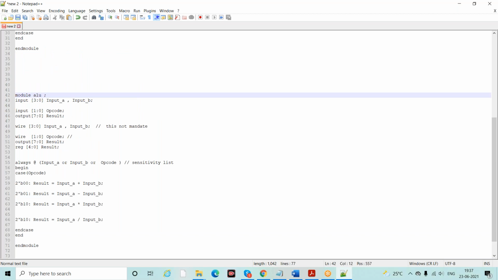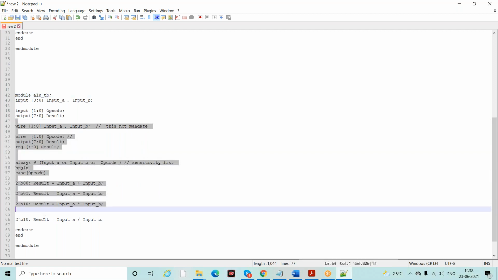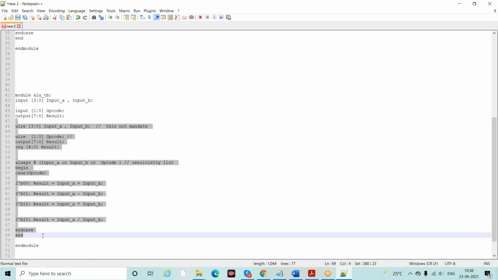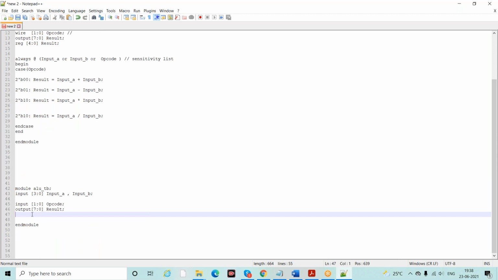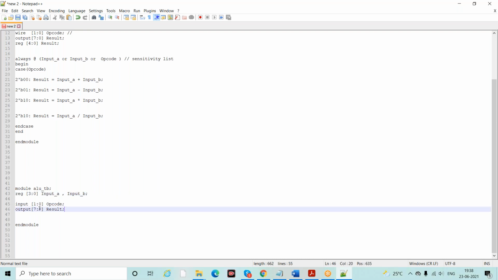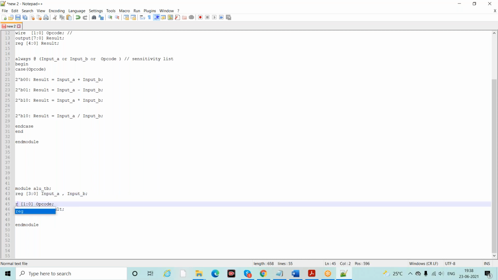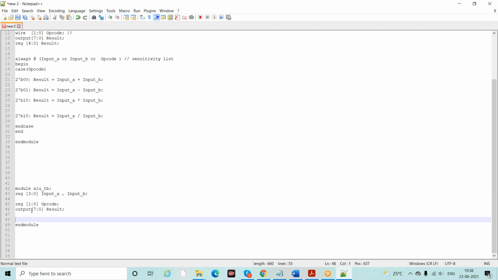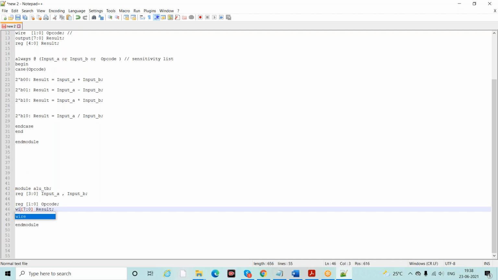Instead of rewriting again, I am utilizing the previous code. See here, input is register type, output is wire type.